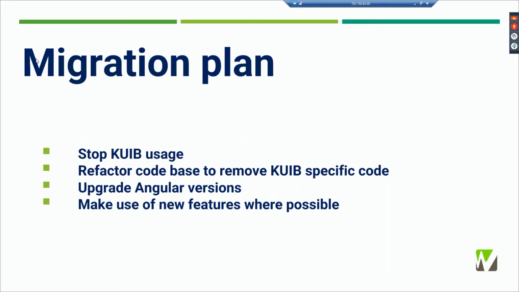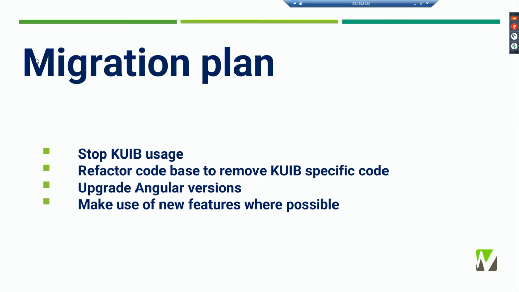Okay, the plan for migration starts with an easy step. First, to stop using the framework. We will get a bit into that. Then we need to refactor the code base to remove the Kendo UI Builder specific code.